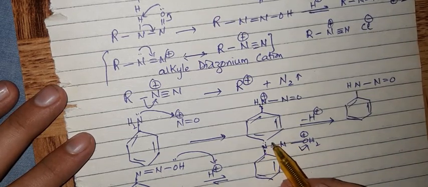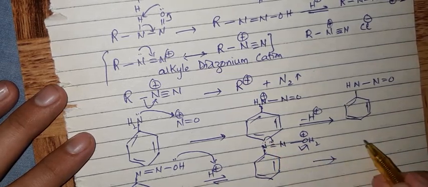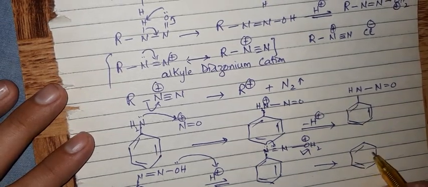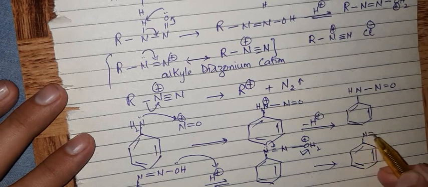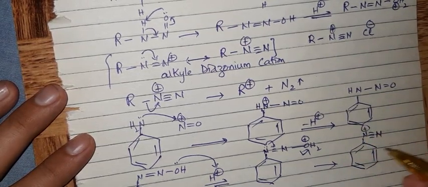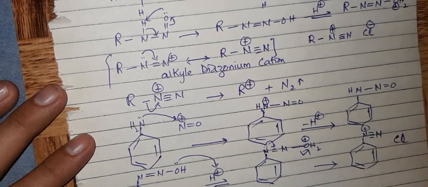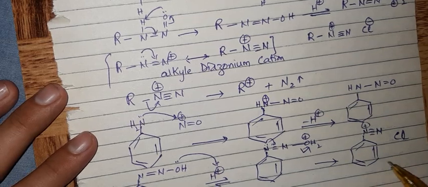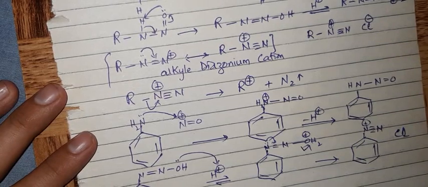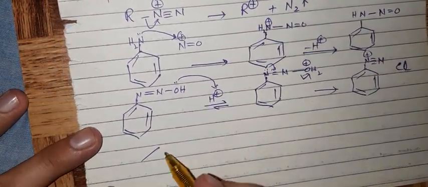That positive charge will be dispersed here like this, and this lone pair will come: N triple bond N, and here is a positive charge. From the mineral acid HCl we get our chloride ion. The byproducts will be NaCl and water. The whole reaction could be depicted as under.